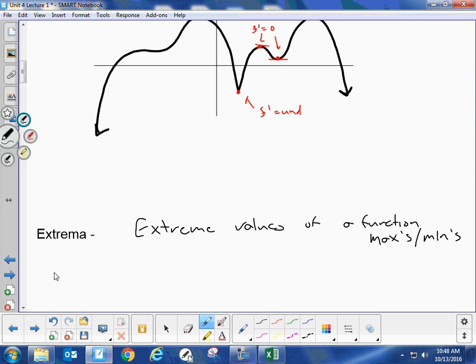We have local or relative extrema, which are going to be our local maxes and mins.